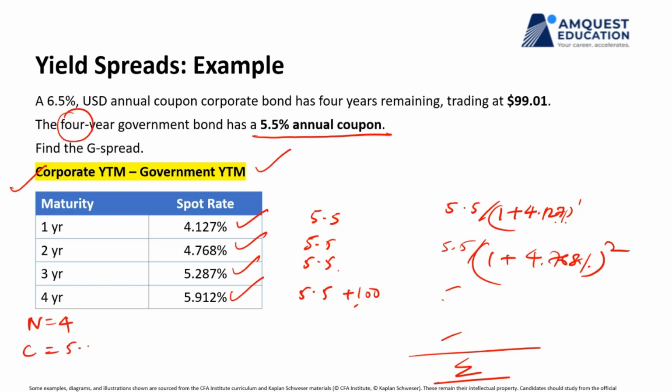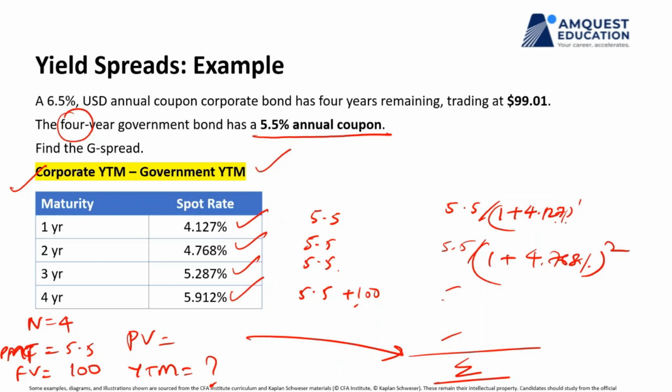Coupon is equal to 5.5, which is PMT. Face value, you can take any face value, let's say $100. Price, you will already calculate here, and you will get the government bond's YTM. That is step 1. You will have to calculate the government bond YTM. And for government bond YTM, remember, you will have to use the spot rates for discounting. Government bonds will be discounted using spot rates.